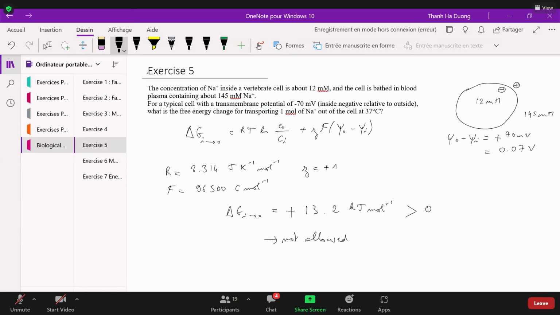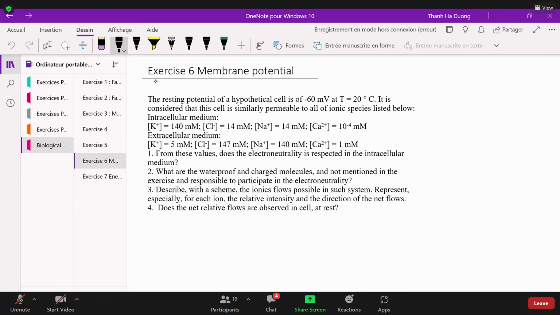Do you have any question? So we will always use this equation of the delta G, and you have to find for me in this exercise the delta G for all these ions: potassium, chloride, sodium, calcium. Be careful for the calcium, the charge will be 2, okay?